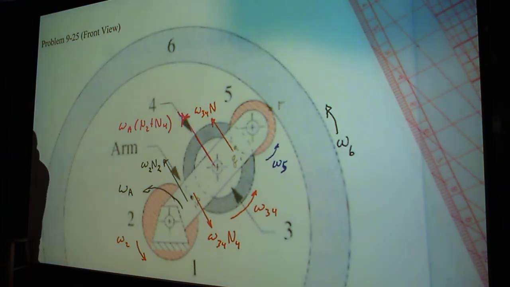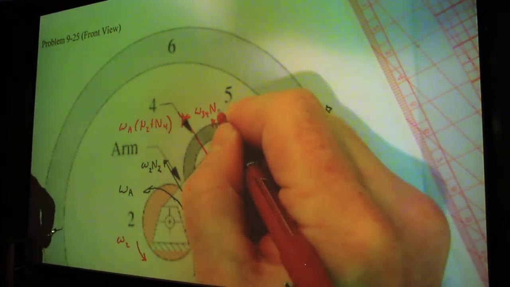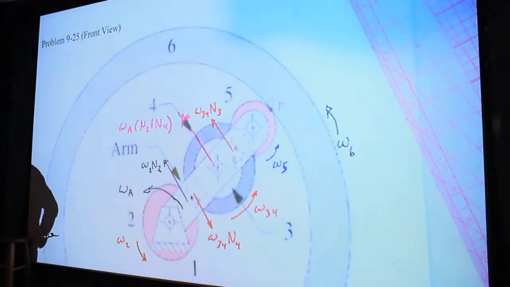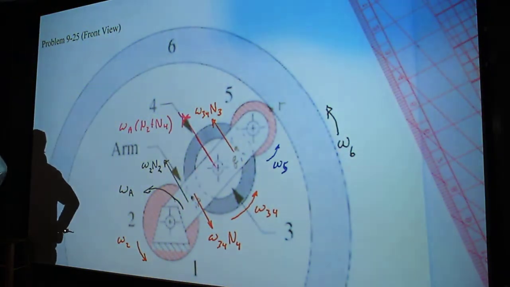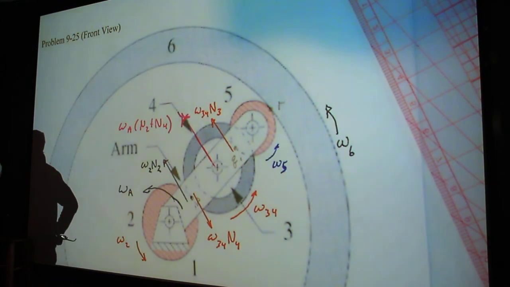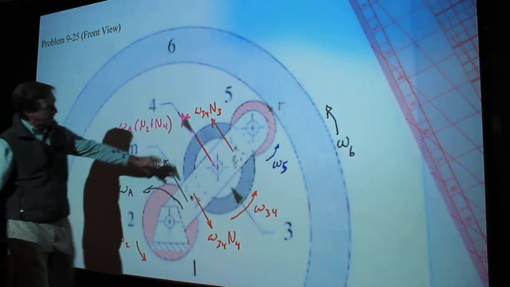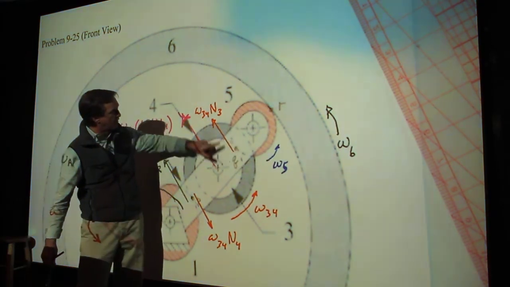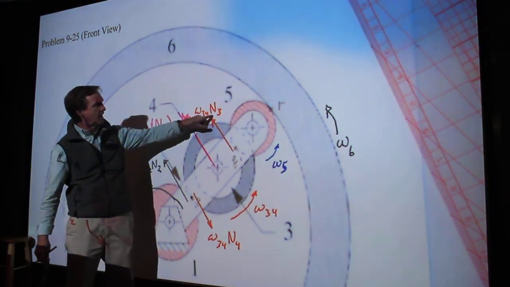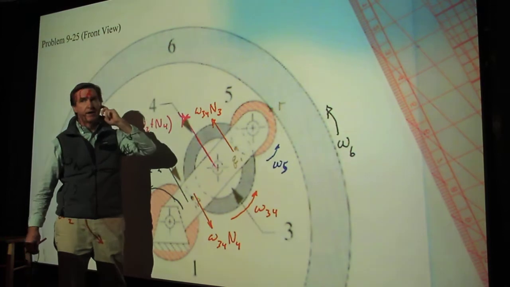N3, N4, N5, what is it? N3. Why is it N3? We get the radius for N3. So the radius here is R3, and so we make that substitution R3, put N3 there. All right?